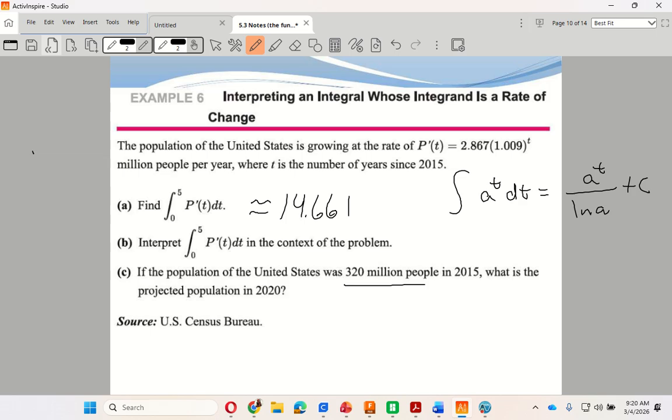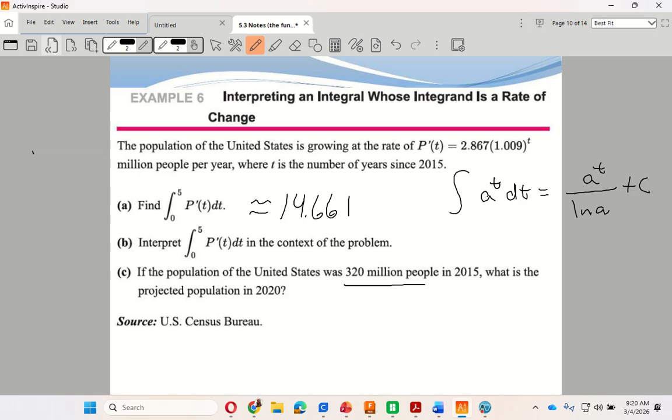It's 320 million. And Angel said it did what? It grew by 14.661 million. So therefore in 2020, we should have more people. Yes, more people is correct. Can you tell me what the new number would be?